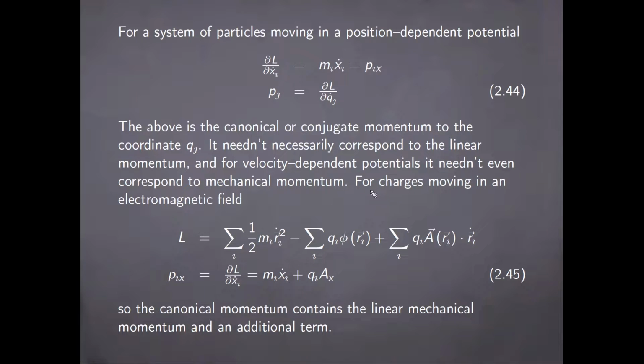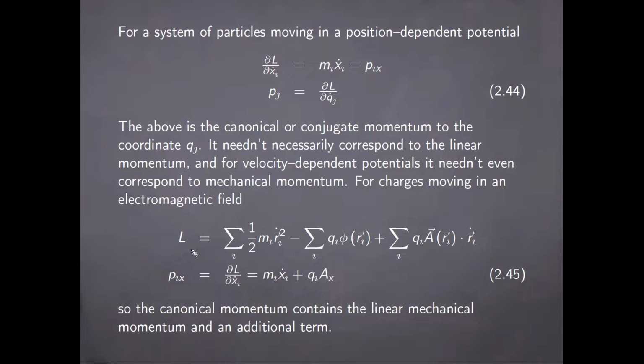For example, in the case of charges moving in an electromagnetic field, we have established previously that the Lagrangian has the expression here, so involving the kinetic term, a potential term involving the scalar electromagnetic potential, and a second potential term involving the vector electromagnetic potential.